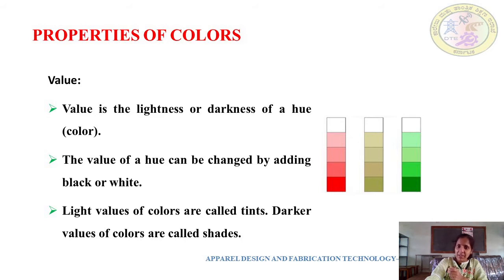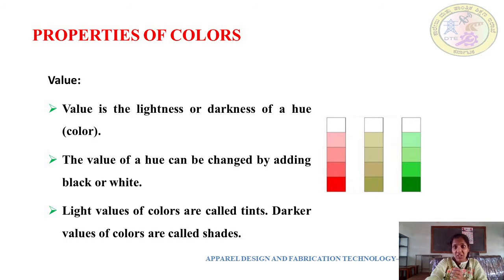If we mix white with red color in a certain quantity, it will change its value. It will turn to pink. The result will be pink. How much white we add decides the change of value.